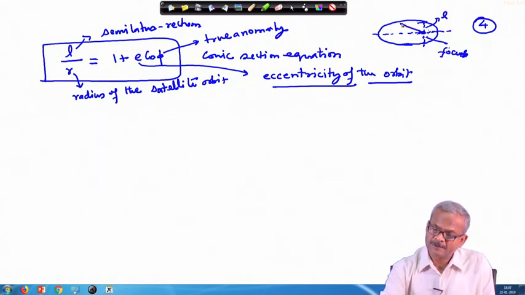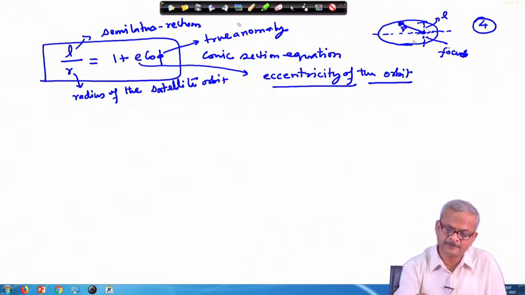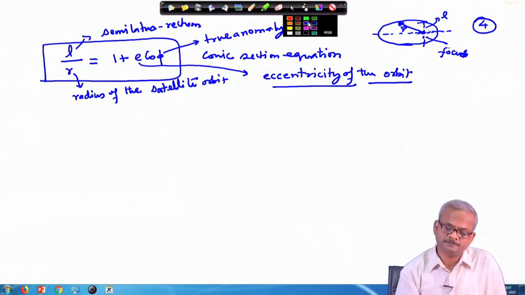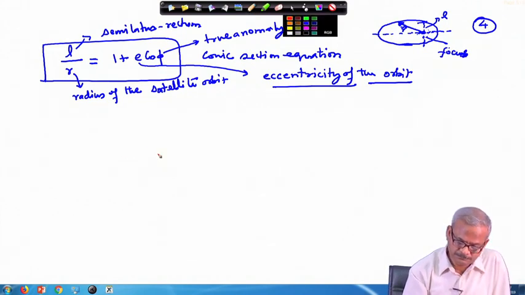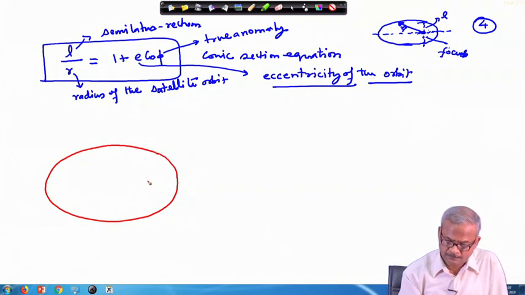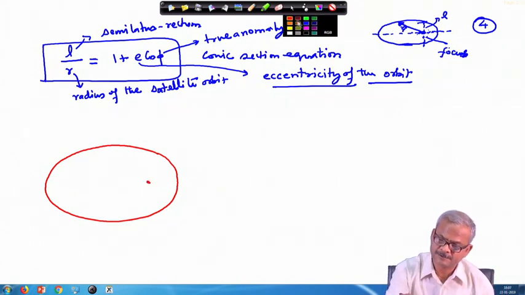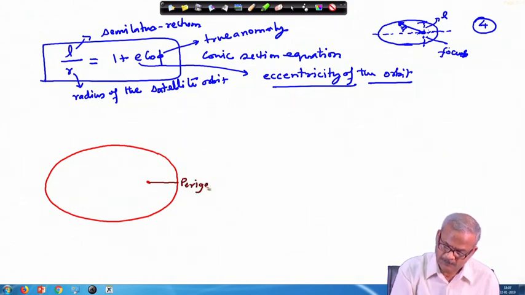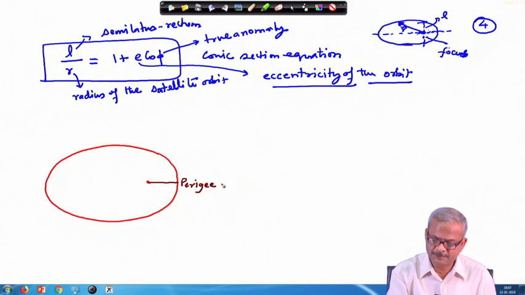Okay. And then if I draw a vector like this, maybe little bigger figure I will draw here. So, this is the focus as discussed earlier, and this is called the periapsis or perigee location.